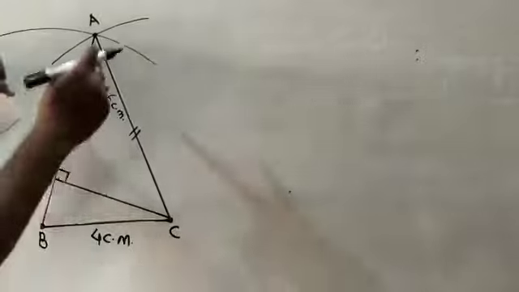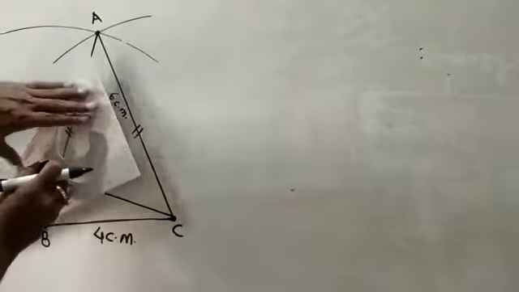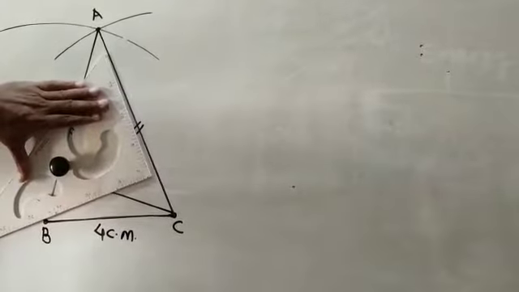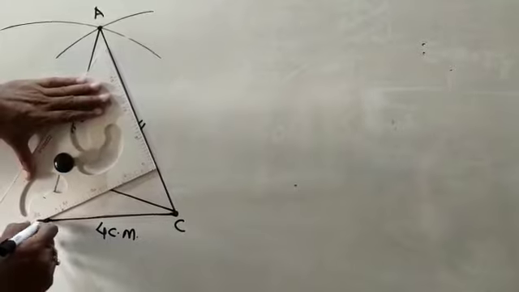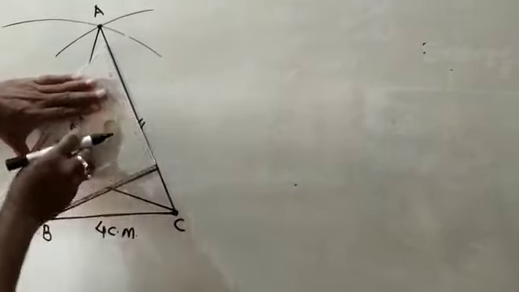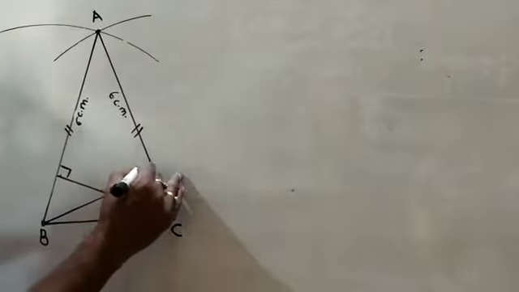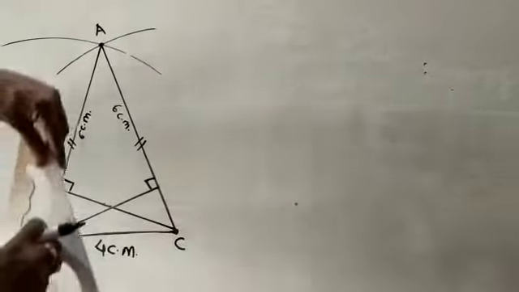In the same manner, you have to take the base from this side to the opposite vertex. You have to draw the perpendicular, adjust the set square like this, and you have to draw the altitude. Here a 90-degree angle will form. Then from the vertex A to the opposite side BC, you have to draw the altitude.